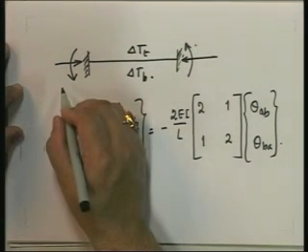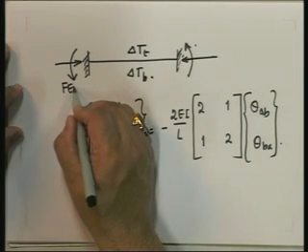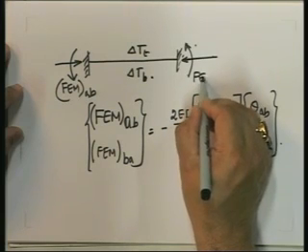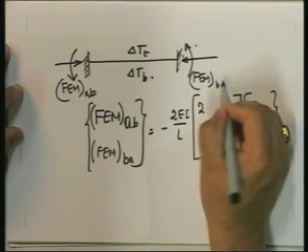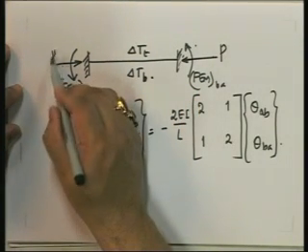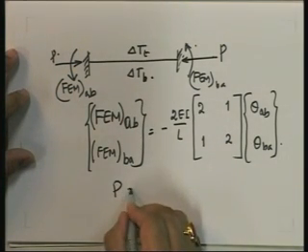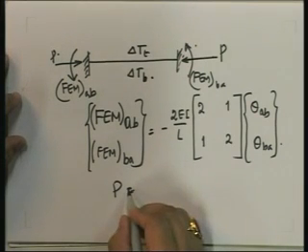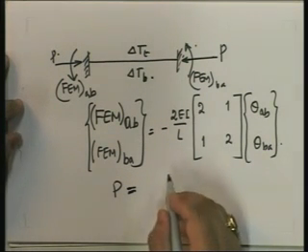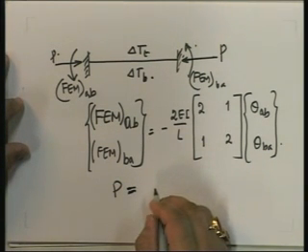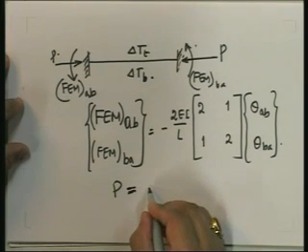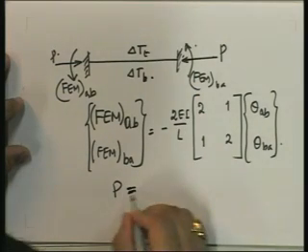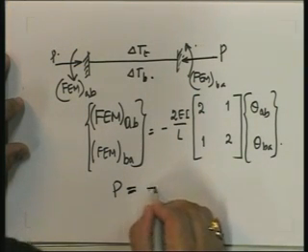These are my FEM AB and FEM BA. This is my P, this is my P. We can show that P is equal to nothing but, this is minus because it is opposing, but then I'm just proving it.